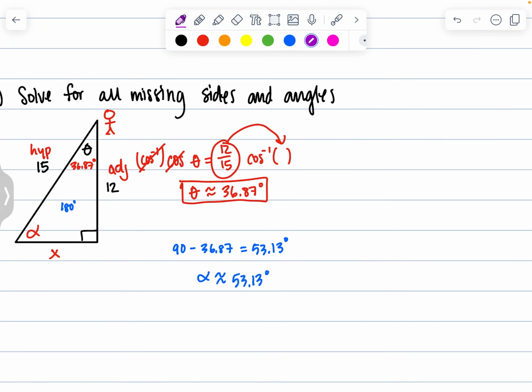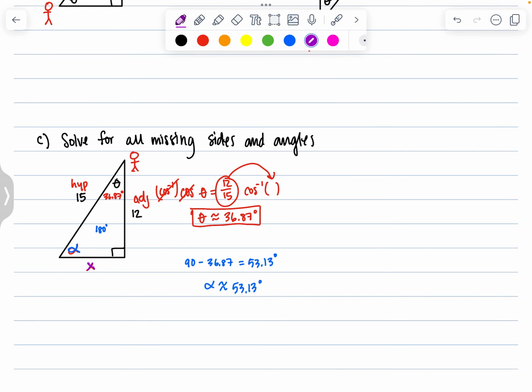Now we need to solve for x, okay? So, solving for x, let's make sure it's color-coded properly. Let's say this is alpha in blue. Okay, Pythagorean theorem. So we need to solve for x.